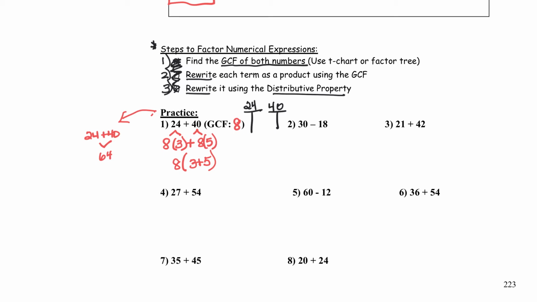If I wanted to apply the distributive property, I can say 8 times 3 is 24, and then 8 times 5 is 40, and that brings me right back to where I started. So I know that 8 times 3 plus 5 is going to be 64.